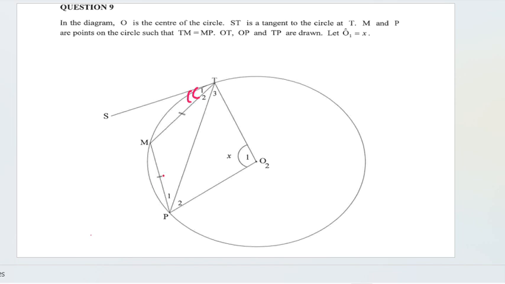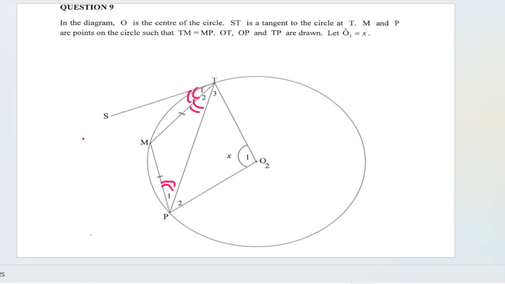We know that this angle is equal to this angle, and the reason behind that is the tan-chord theorem. And we know that P1 is equal to T2, and the reason for that is base angles. These are the base angles of the isosceles triangle, which are equal to each other. Also, the relationship between these two angles and angle M is that they are the sum of interior angles of the triangle, which equals 180.